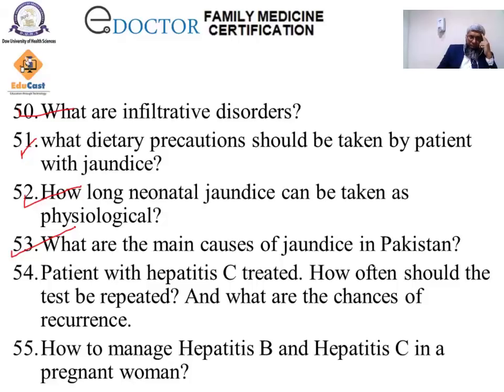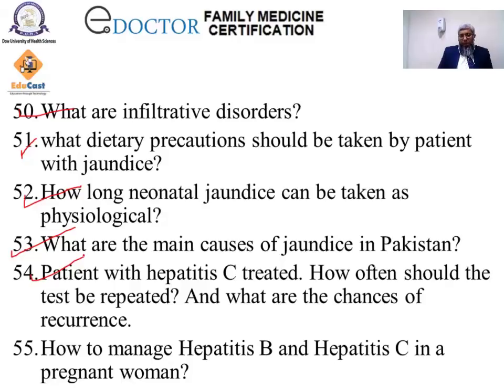Question number 54. For a patient with hepatitis C treated, how often should the test be repeated, and what are the chances of recurrence? Very good and relevant question. This was not the lecture, but yes, hepatitis C is treated, and once you treat, the majority of the time with new drugs, the cure is in the range of 95%.